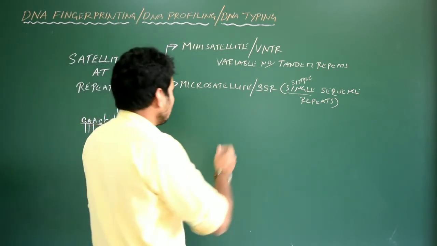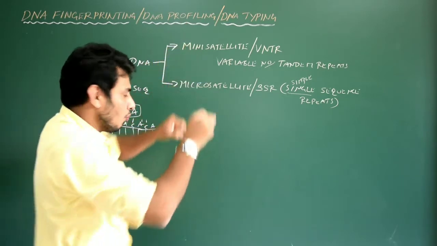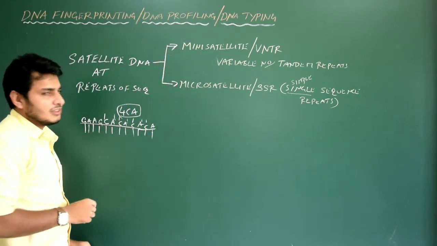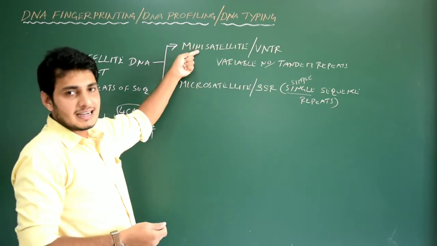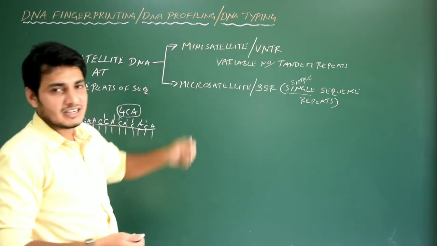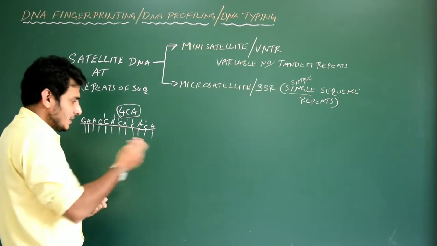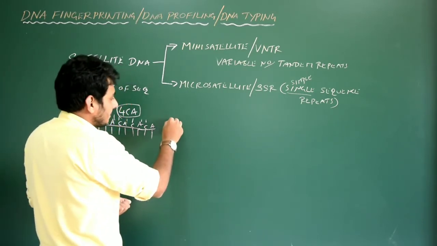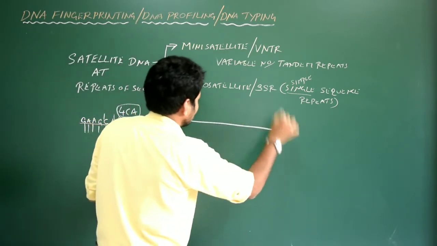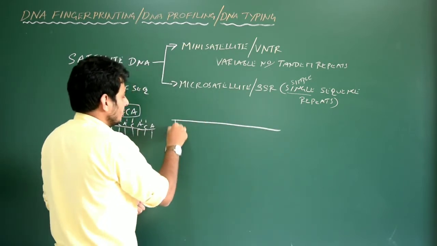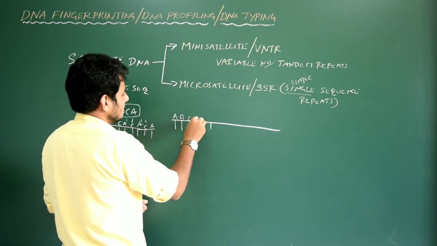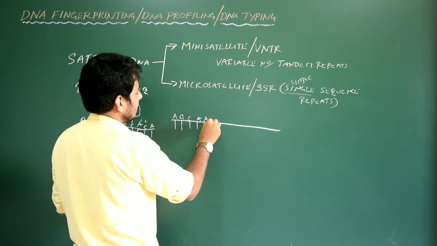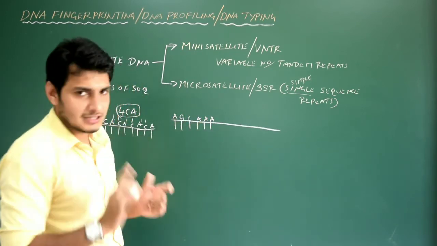Now, here again, what is the total number of repeats present in the satellite DNA? Based on that, we can classify satellite DNA into 2 types: mini satellite and micro satellite. What is this mini satellite? Let me just write. For example, AGCA. Okay. So this is now a sequence.